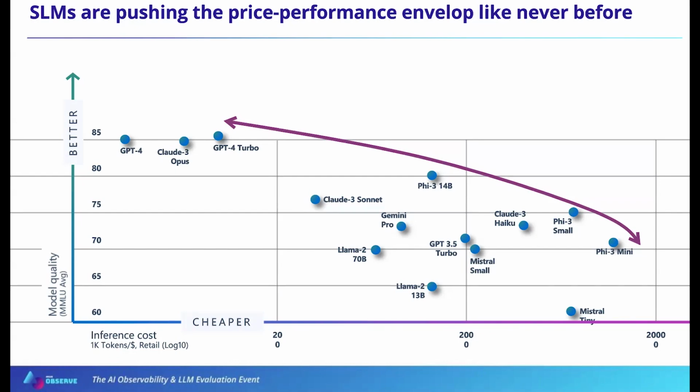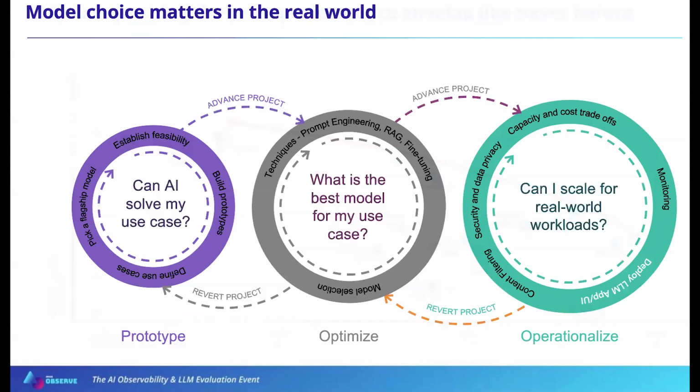If you give them a simple enough task, they will give you very good performance at a really compelling cost. Not only in terms of how much you have to pay for each of the tokens, but also the latency and the speed that the model requires to generate the answer. So how can you make sense of it?